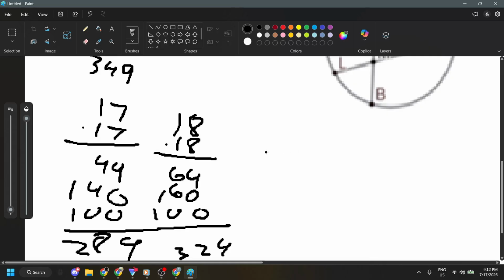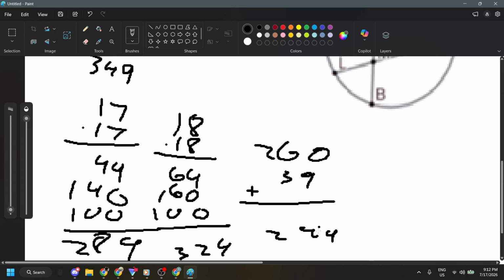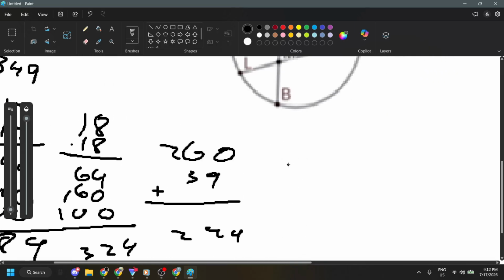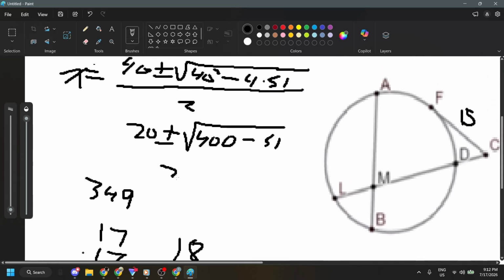13 times 26 is 338, no. And then 17 times 20 is 340, and then 9. So this is a prime number.